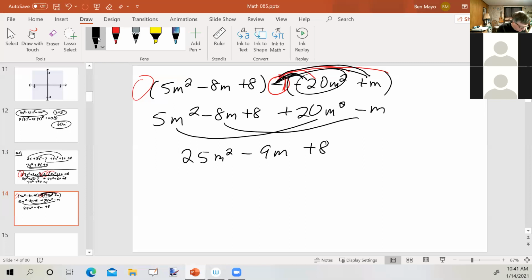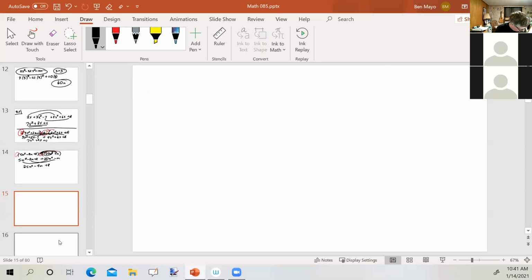All right, let's go back and just look at some more examples of addition, and we'll get to subtraction as well. 15x squared plus 10x squared. It says simplify each polynomial and write it in descending powers of one variable.